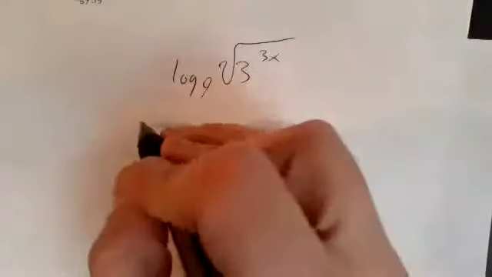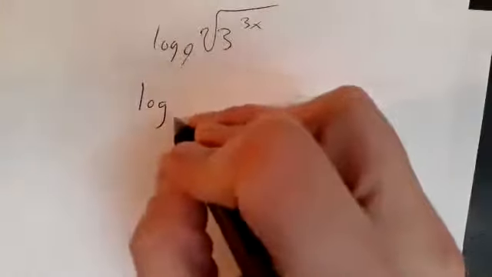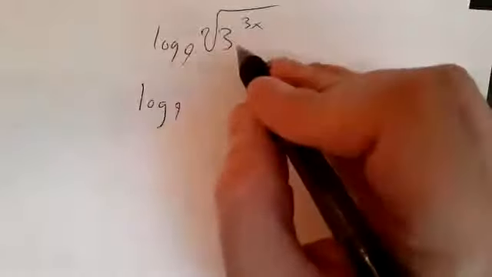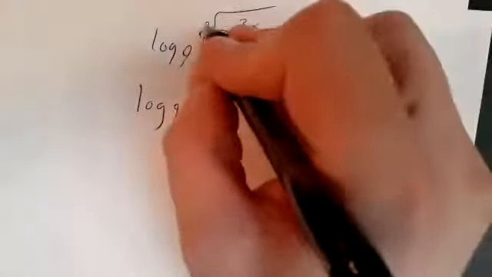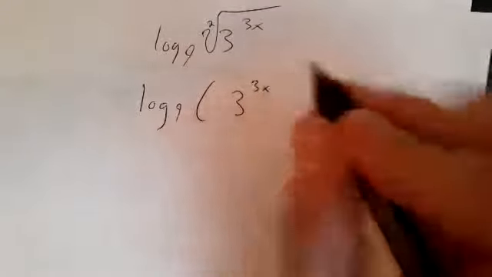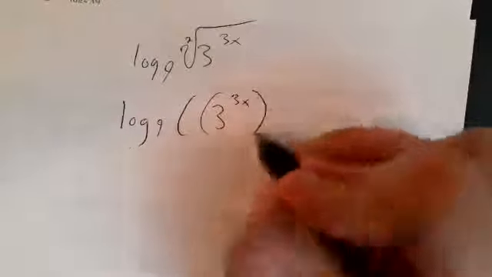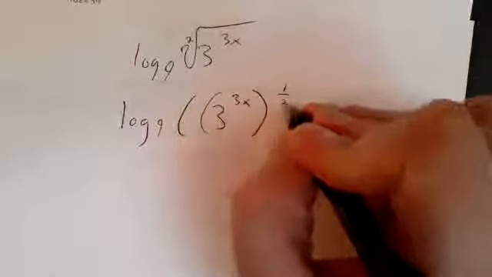Okay, log base 9. This is a little bit of a weird problem, but I think it might be beneficial to go through it. Log base 9 of this. So the first thing I want to think about is this is a log base 9 of 3 to the x. And if I have that square root, what that square root is doing is raising this thing to a half power.